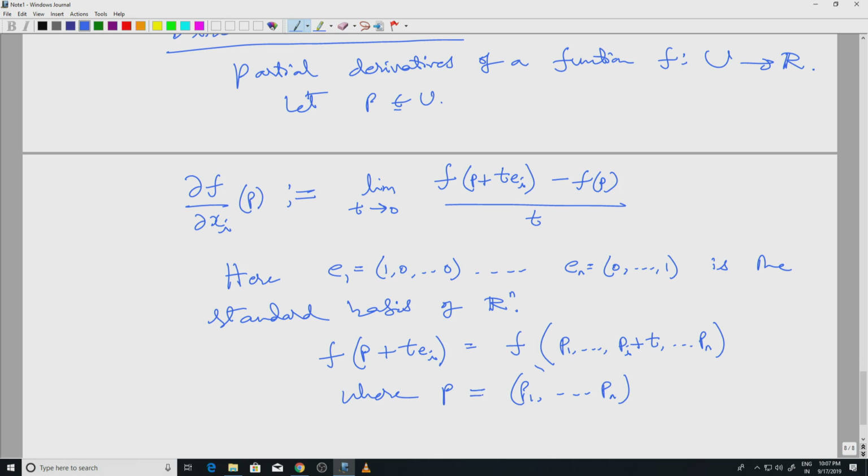So in the ith spot I'm just adding t, and the others remain unchanged. I just rewrote this in perhaps more familiar notation. All I'm doing is adding t to the ith coordinate, then dividing by t and taking the limit. So this is our usual definition of partial derivative. Nothing new going on here.